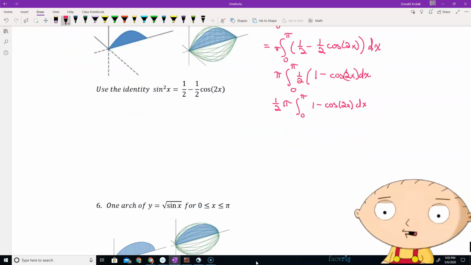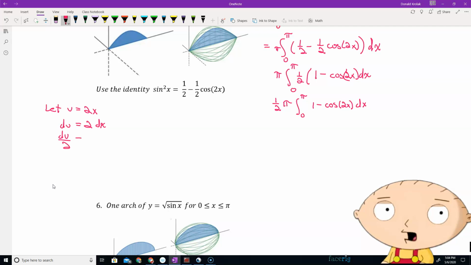Okay, now we will evaluate this integral, and we will use u substitution to evaluate cosine 2x. So we will let u equal 2x, du equals 2 dx, so du divided by 2 is dx.